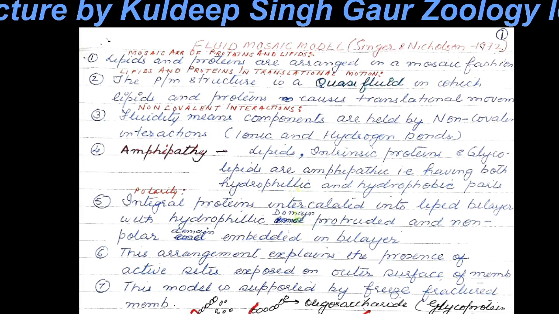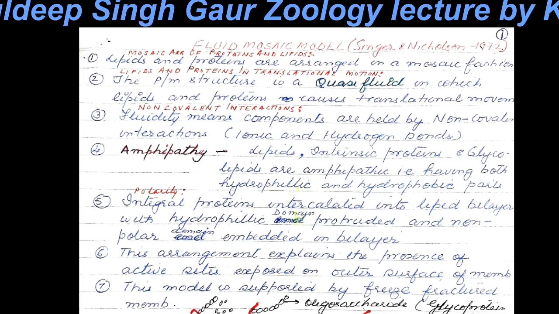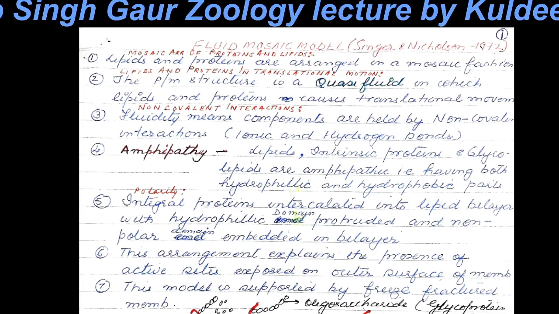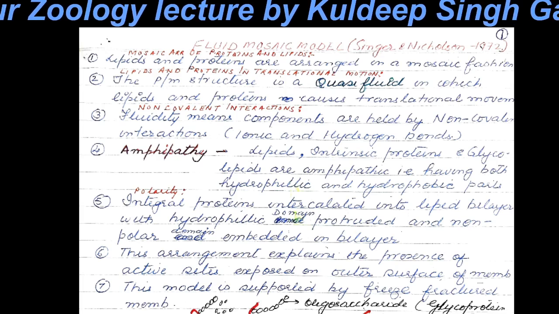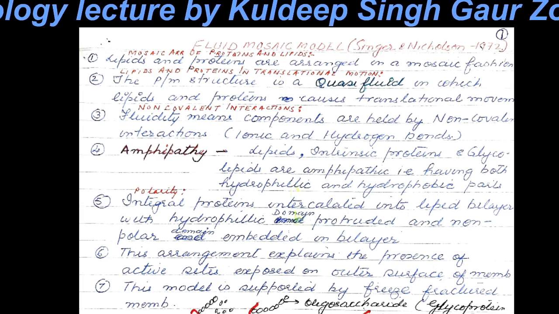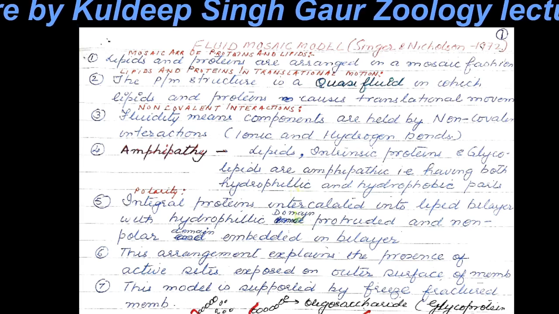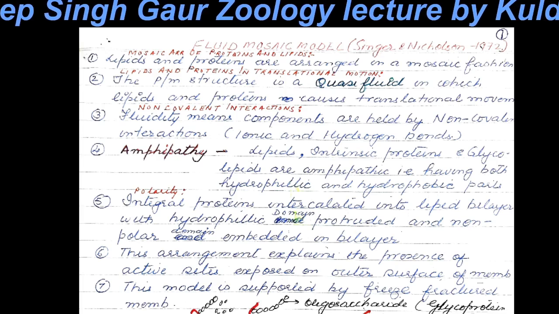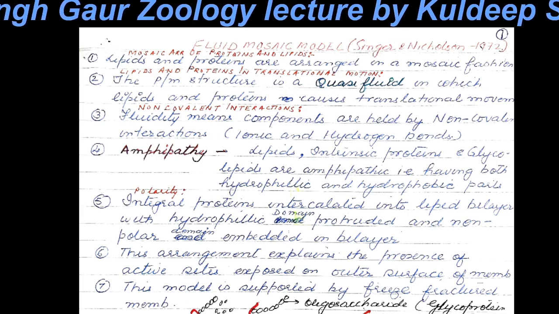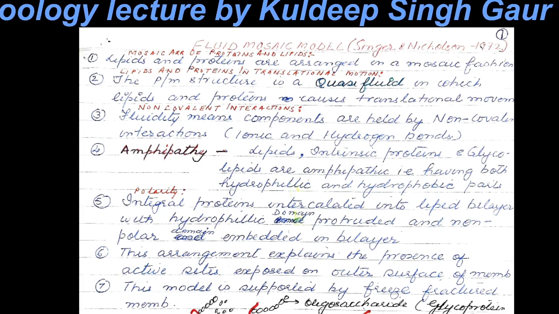The intrinsic proteins are also amphipathic. That means the hydrophobic part of the intrinsic or integral proteins remains embedded in the lipid bilayer. However, the protruded part of these proteins is hydrophilic in character.